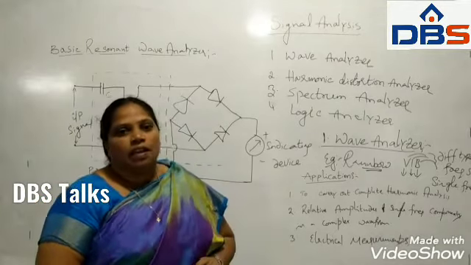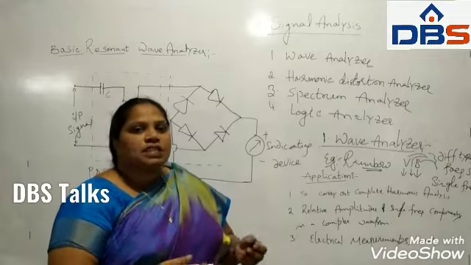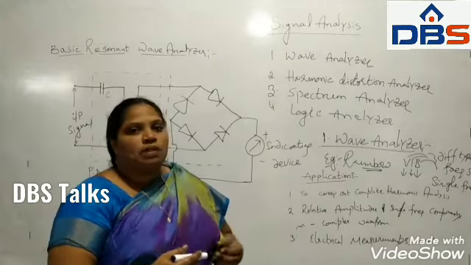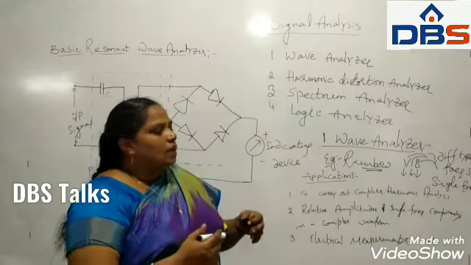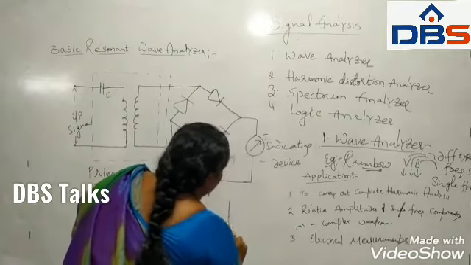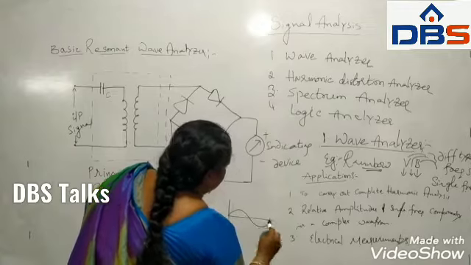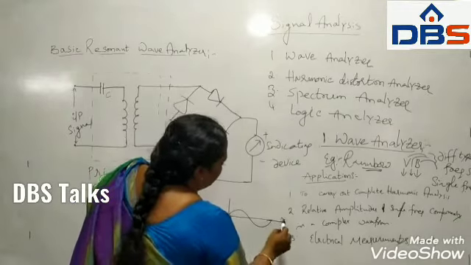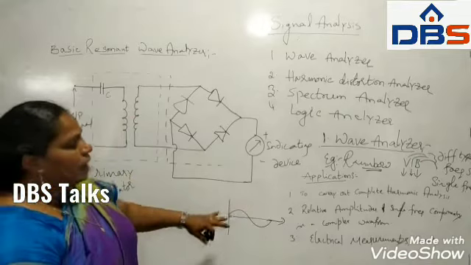Likewise, for another example, suppose we take the industrial side. In industry there are so many machines. For any frequency signal, a simple sinusoidal signal is a single frequency signal.